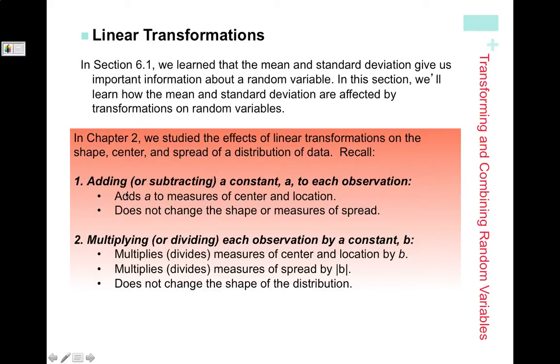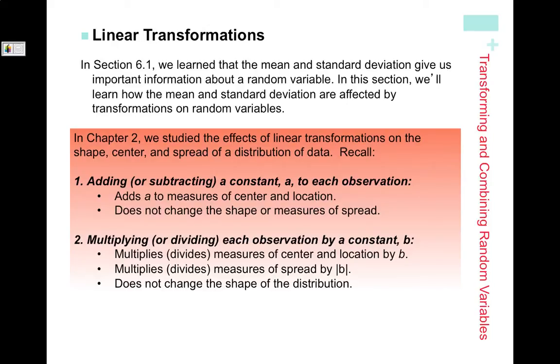And here's a summary of what we found. Adding a constant adds to the measure of center. Makes sense. It gets bigger by that amount. It doesn't change the shape or the measure of spread. It simply takes the whole distribution and slides it horizontally on our x-axis.